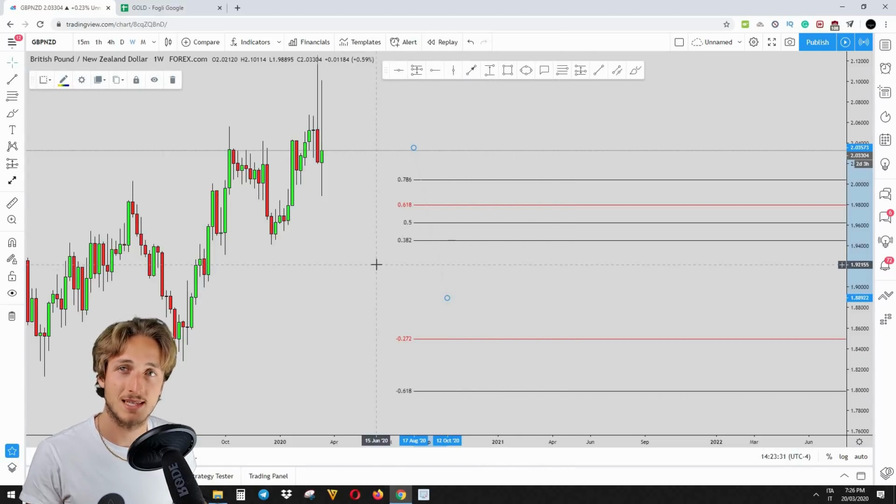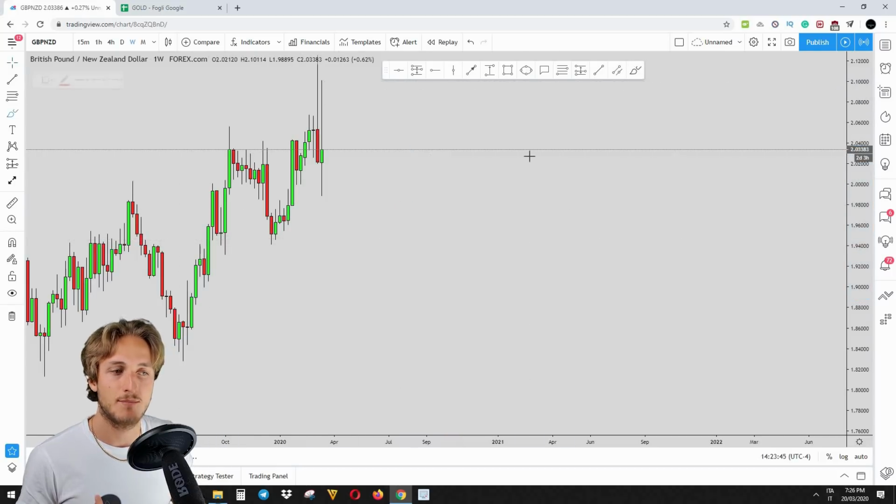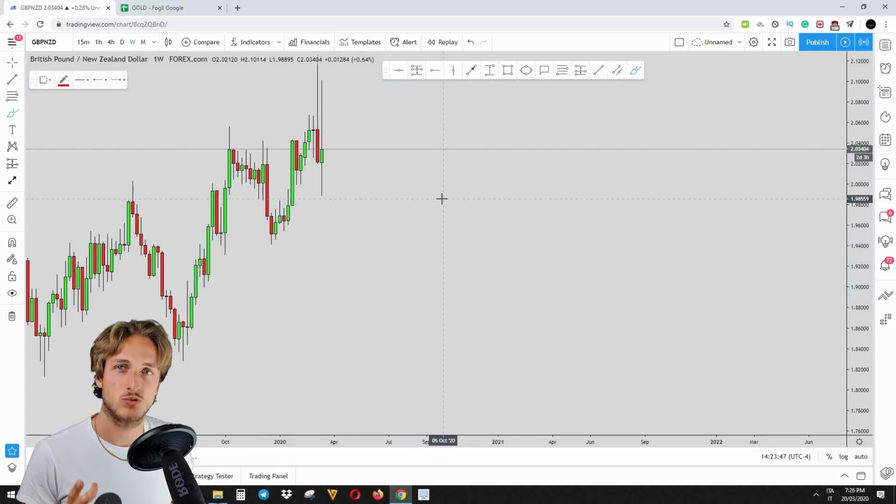Now let's see how you can actually use them to identify the best levels of support and resistance in the market. First of all, let's define the way in which you're supposed to be using it. The simple and most effective way is to always use the Fibonacci retracement tool on the previous leg. What does it mean?